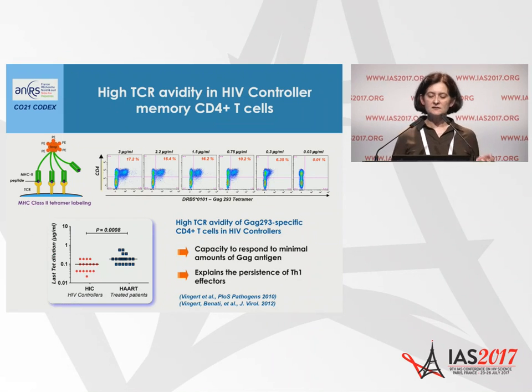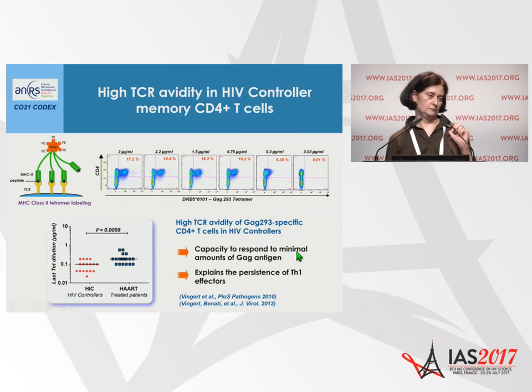So this means that the TCRs were intrinsically different in the controller CD4 T-cells, and that these cells had the capacity to respond to minimal amounts of GAG antigens. And this may well explain why Th1 effectors persist, because they will be sensitive enough to detect this very low amount of GAG antigen.